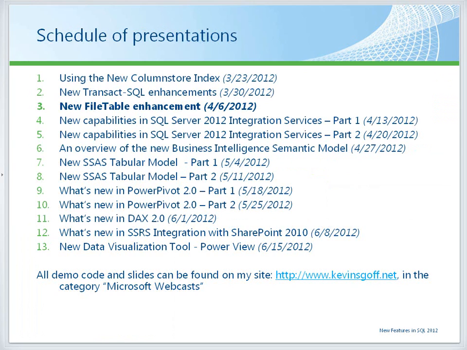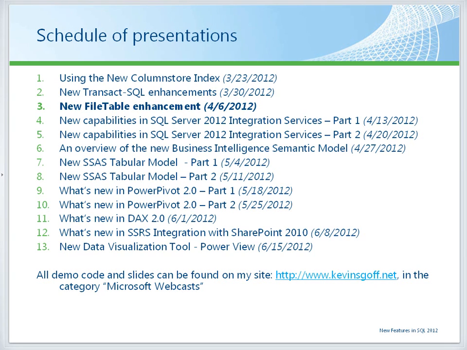In the first 2 weeks, we took a look at the new column store index and the new Transact SQL enhancements in SQL Server 2012. Every download in every week has the material from the prior week. So if you pull down the download for week 3, that contains everything in the first 2 weeks.